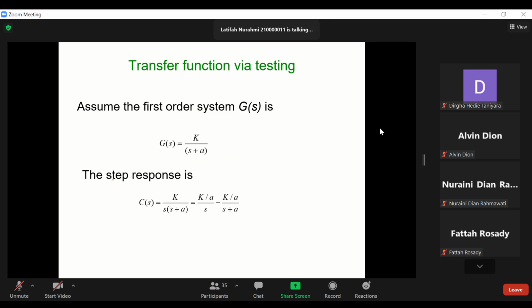So the step response, when you call it a response, it means an output. This output can be C(s) or Y(s) or any other notation. Okay, so the step response is this way, which is K divided by s plus a. And here the 1 over s is our input R(s).